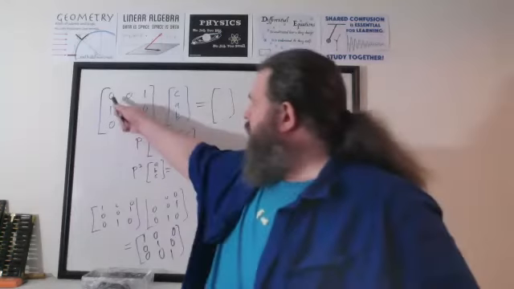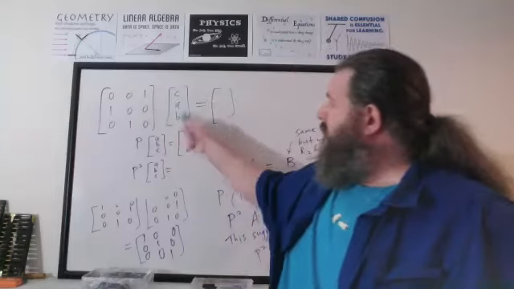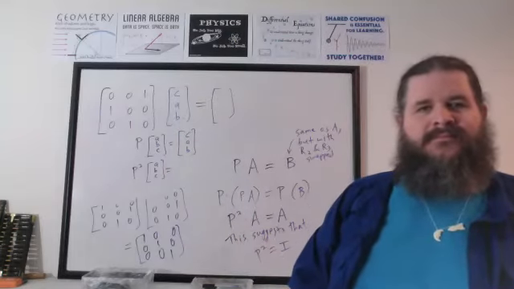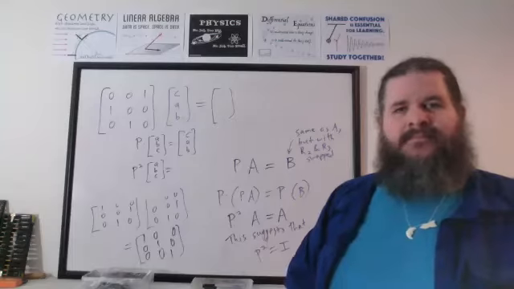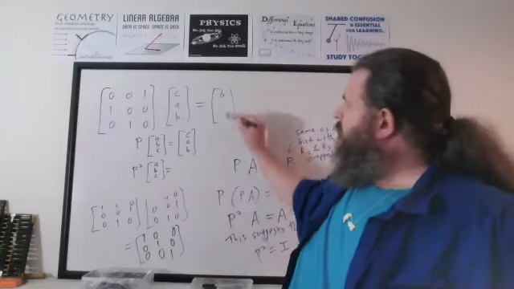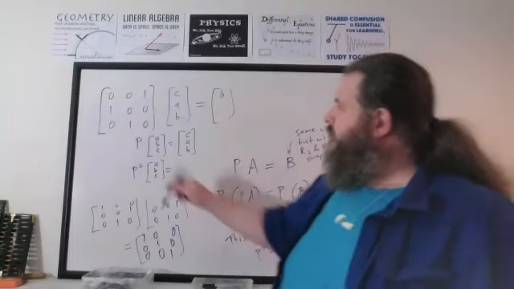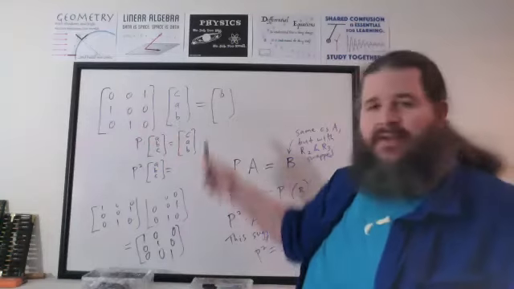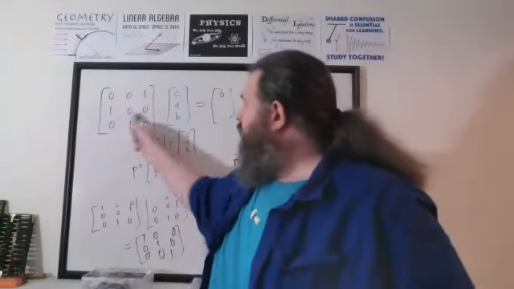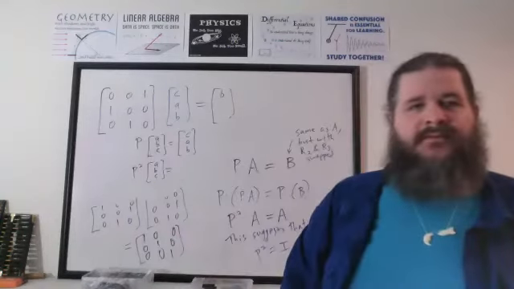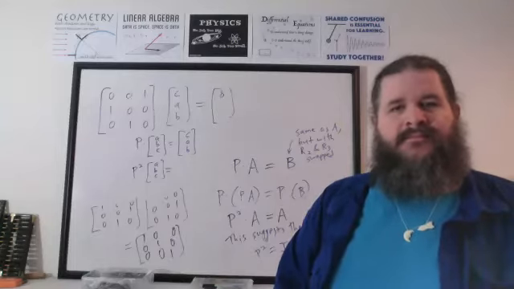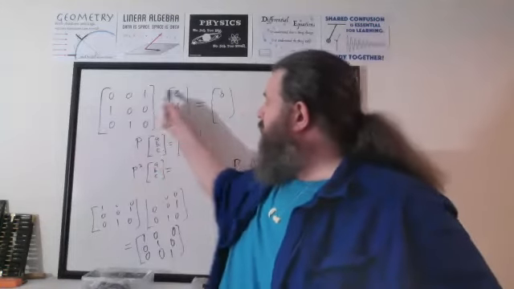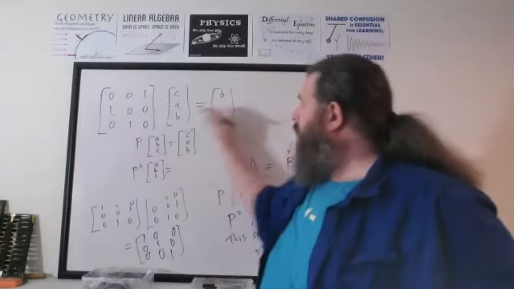If you take 0 0 1 times CAB, what do you get? B. Because the first row says take the third value, which in this case is B, and put it on top. The middle row says take which value? C. Yeah. This says take the first value, which is C, and put it in the middle row.